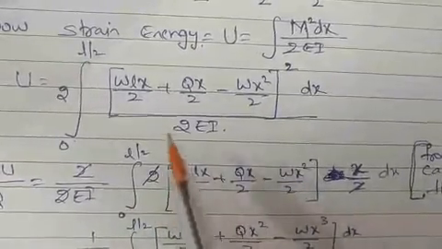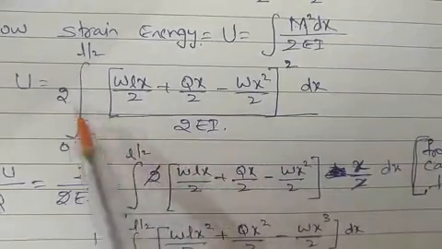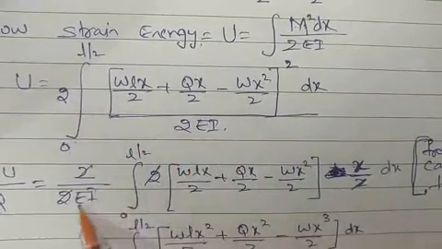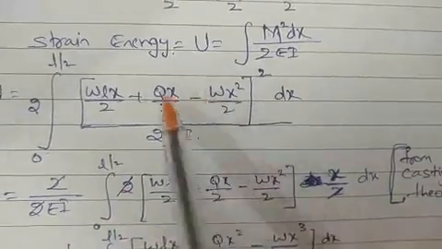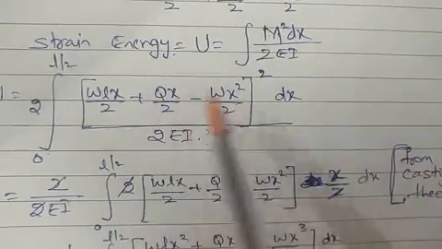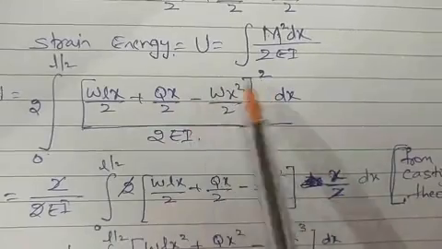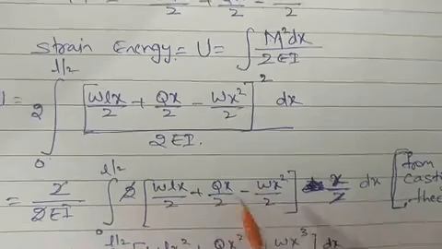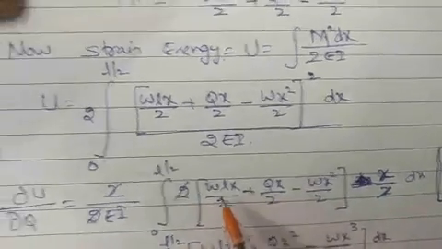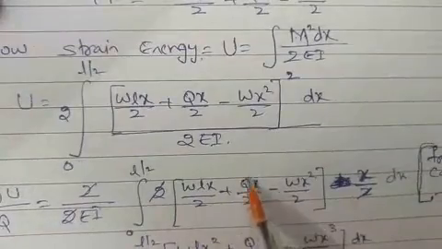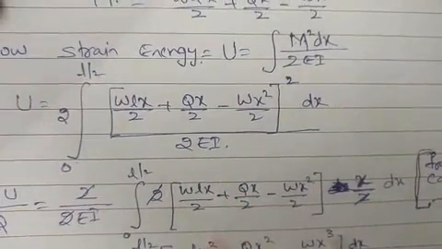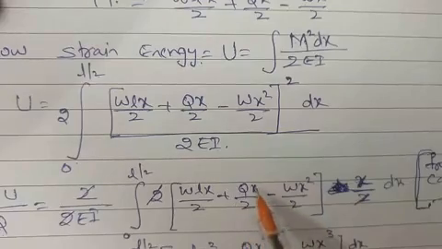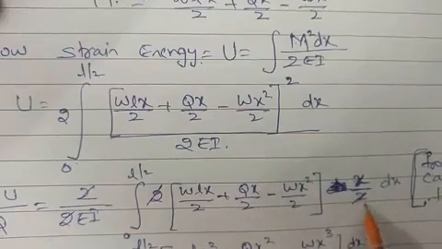So see here, twice 2EI is coming out, and now this whole thing acts as x square. So x square differentiation will become 2x, and we are differentiating with respect to Q. So whatever variable is associated with Q, we have to write here, x by 2 dx.